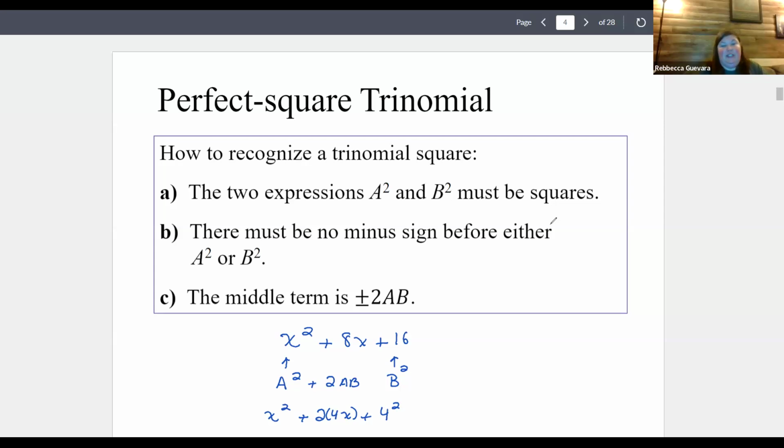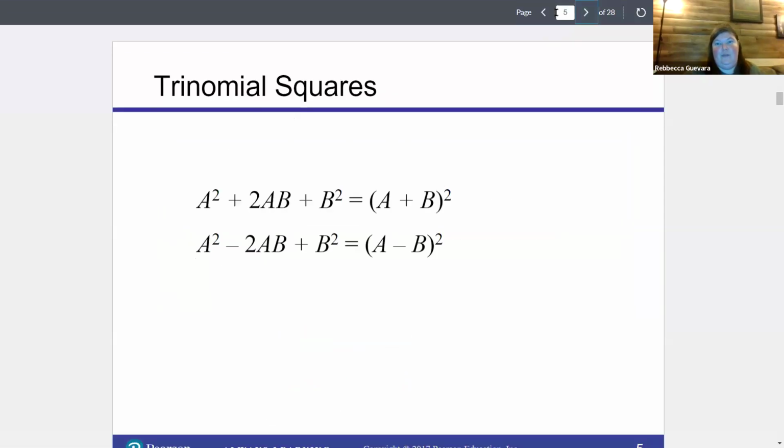So what we're noticing is that this is squared, and that this is 4 squared, and then this is 2 times those numbers that were squared. So we have 2 trinomial squares. We'd have a squared plus 2ab plus b squared, that's going to be a plus b squared.